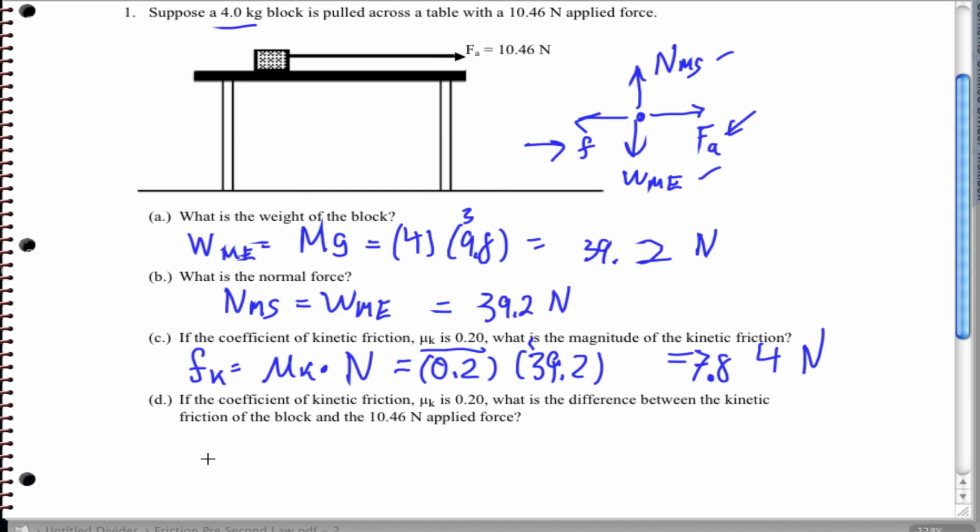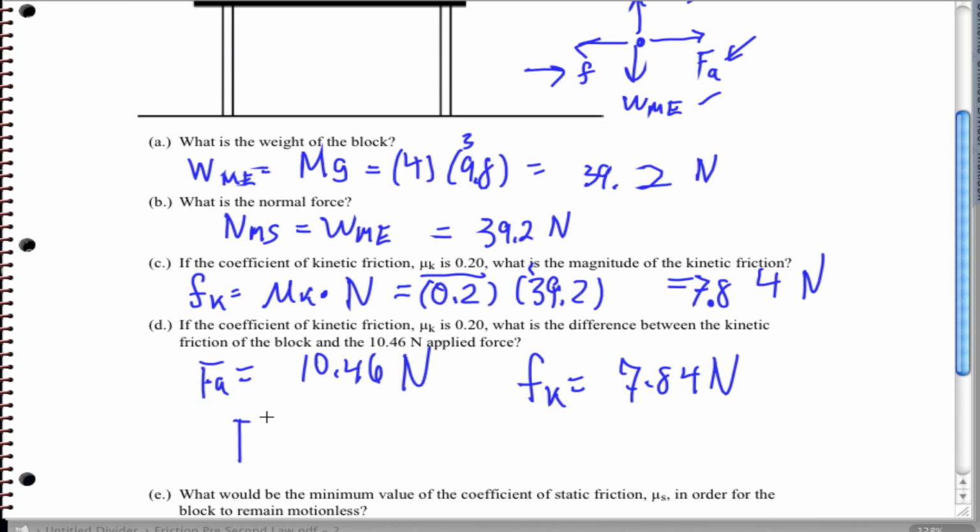So we have the applied force of 10.46 newtons, and the kinetic friction is equal to 7.84 newtons. So if we actually look at the difference of these forces, the applied force minus the kinetic friction, that works out to 2.62 newtons.